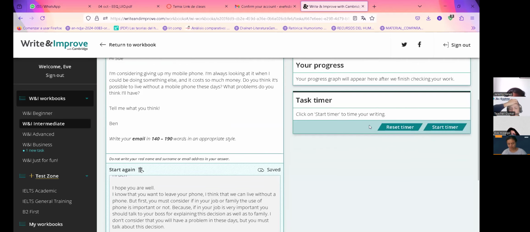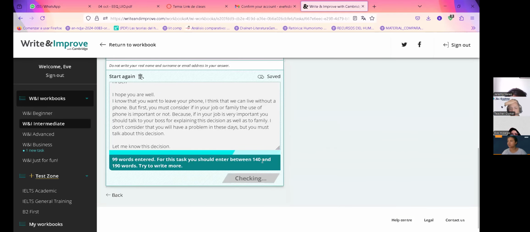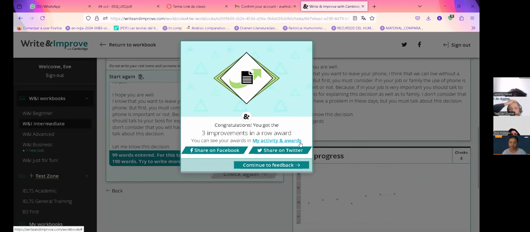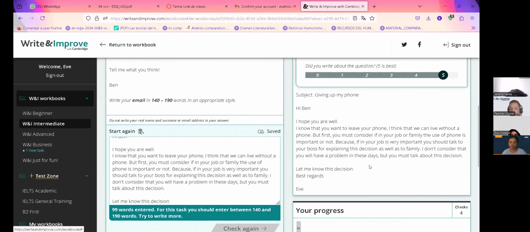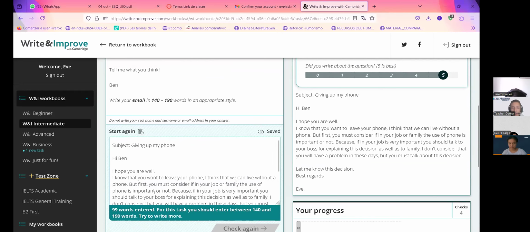Si es importante o no. Excellent. Ahora sí. Congratulations. No me había dado cuenta, pero tú sí, Eve, que estábamos redundando, ¿no? Si es importante o no, no hace falta ponerle si es importante o no importante porque es excesivo, ¿no? We are redundant. So congratulations, Eve. Officially, you did it very, very well.